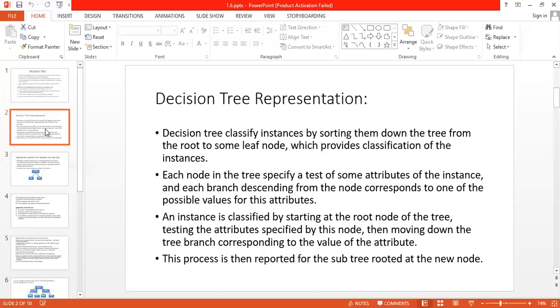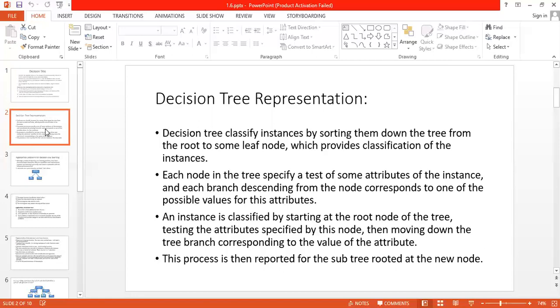Now what we have to do is construct a decision tree on the basis of this training set, and that decision tree should look like a binary tree. The whole constructed decision tree will be a simplified version of that training set.